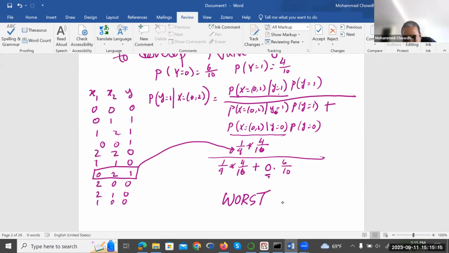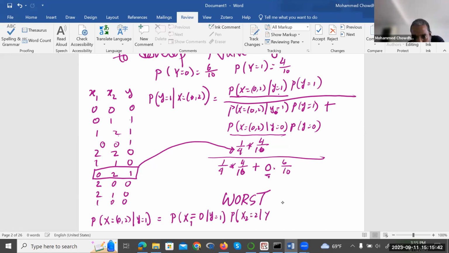So that part, the probability of x1 equal to 0, x2 equal to 2 given y equal to 1, they said this should be written by conditional independence: the probability of x1 equal to 0 given y equal to 1 times the probability of x2 equal to 2 given y equal to 1.